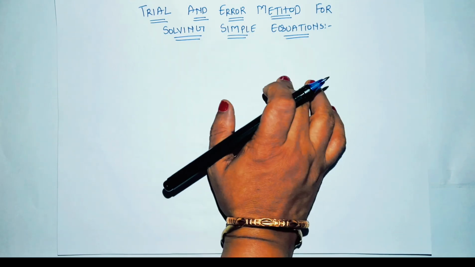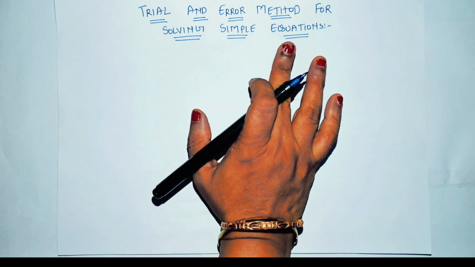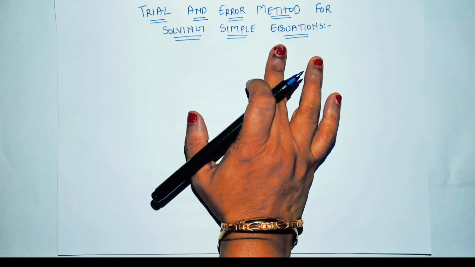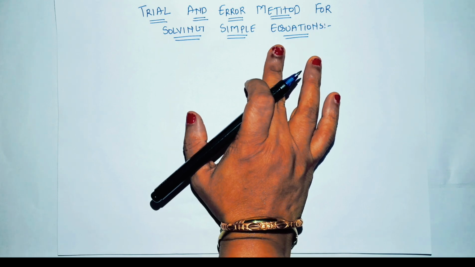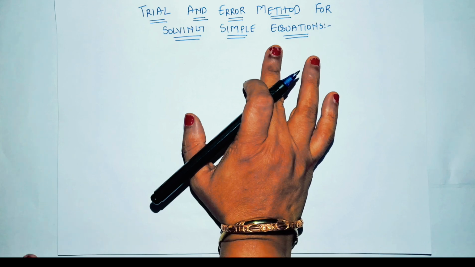Once LHS and RHS are equal, the substituted value is the solution. For example, if you have substituted x is equal to 2 and you got LHS equal to RHS, it means x is equal to 2 is the final solution of the equation. Now, let's understand this step by step through one example.